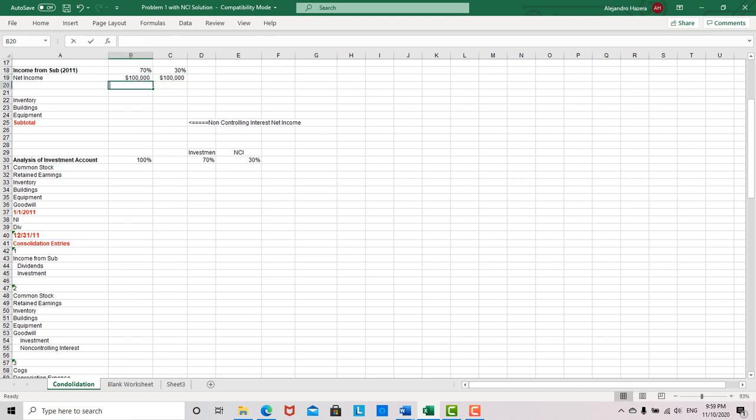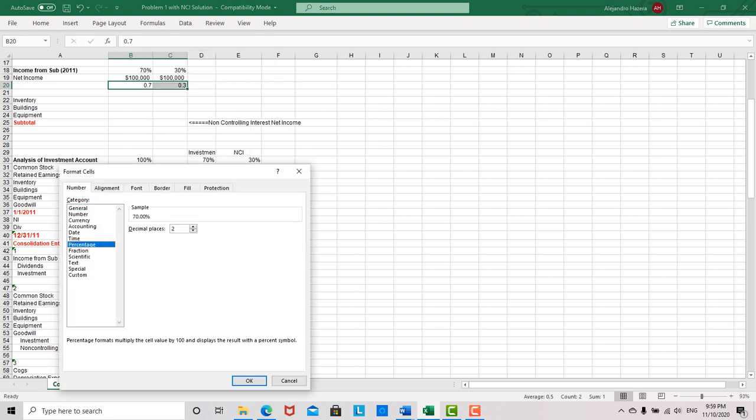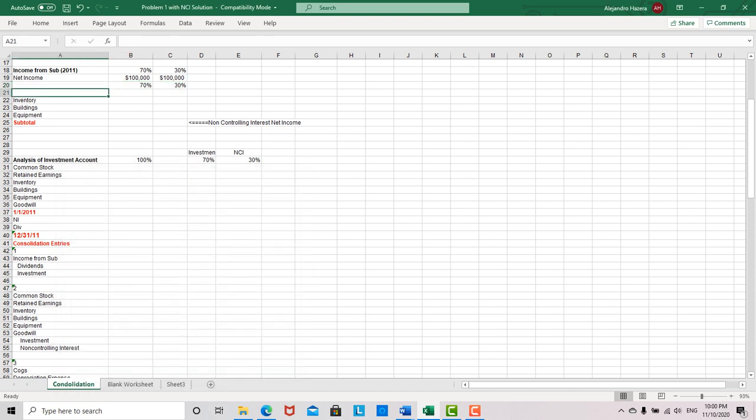Now I'm going to take the 70% column and multiply that income by 70%. The 30% column, I'm going to take times 30%. So you're going to go ahead and format that as percentages. Okay, so this will be the unadjusted share of net income for both the controlling interest, which is 70%, and the non-controlling interest, which is 30%.